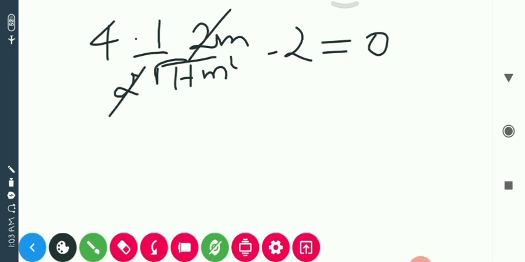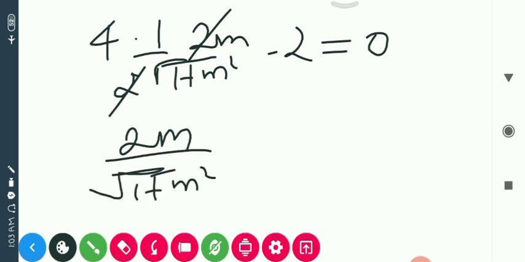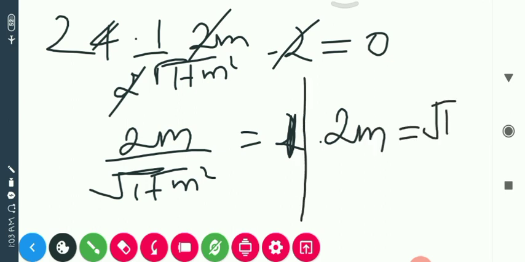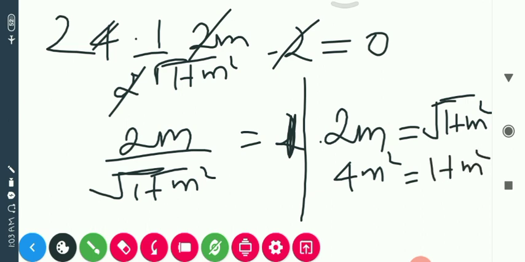Let's solve this. The 2 gets cancelled, so 2m by under root 1 plus m square equal to 1. So 2m equal to under root 1 plus m square, meaning 4m square equal to 1 plus m square, meaning 3m square equal to 1, so m equal to plus or minus 1 by root 3.